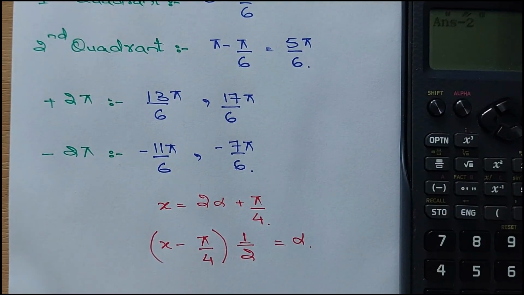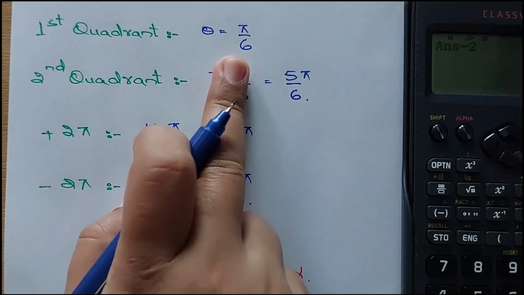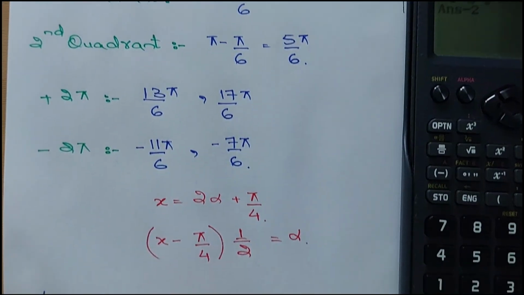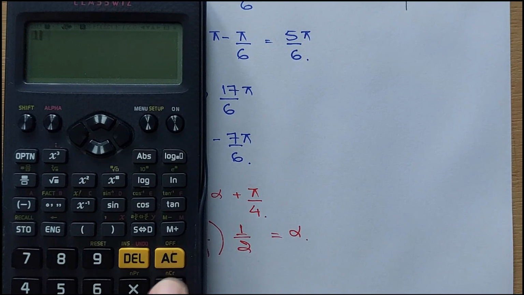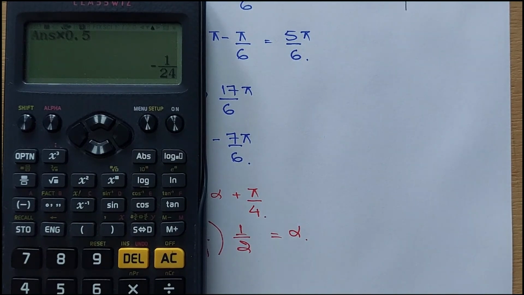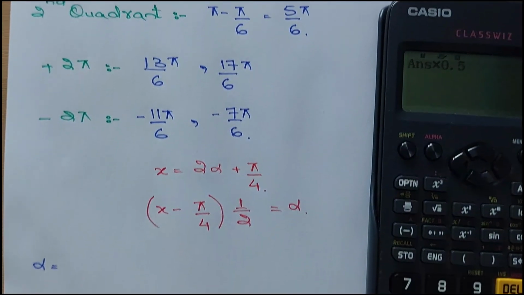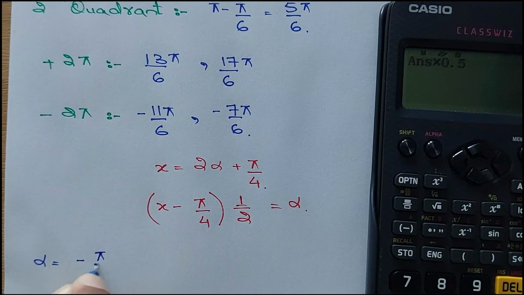So alpha equals, the first x value is pi by 6, right? So pi by 6 minus pi by 4, so this is 1 by 6 minus 1 by 4, and times 0.5, that is pi by 24 with a negative sign. So minus pi by 24.